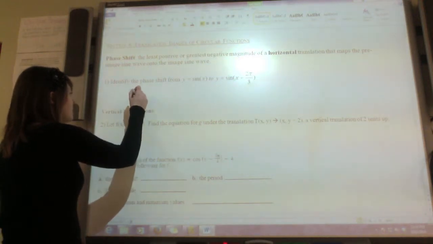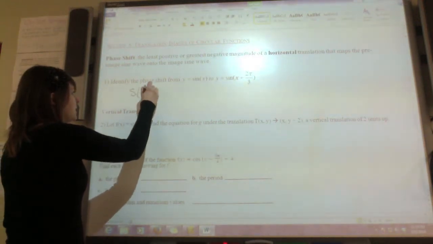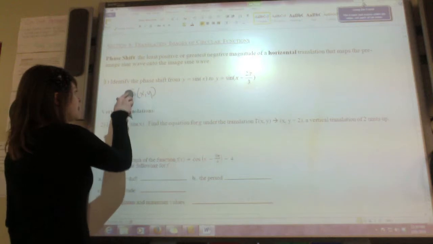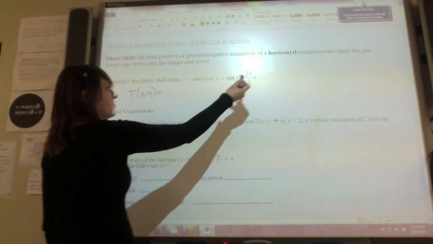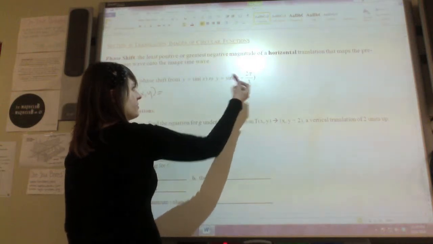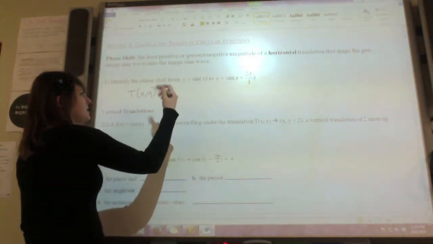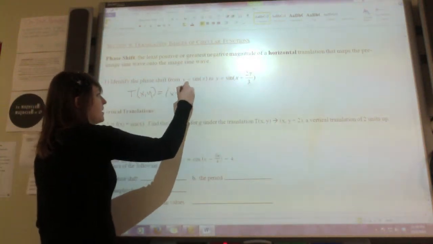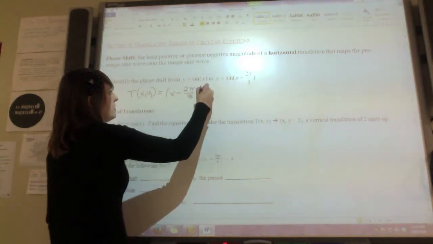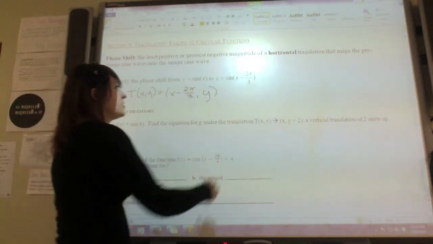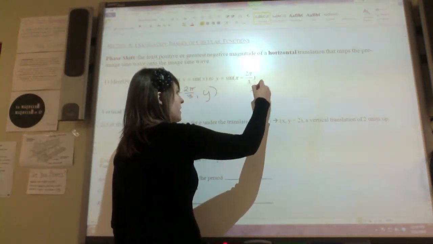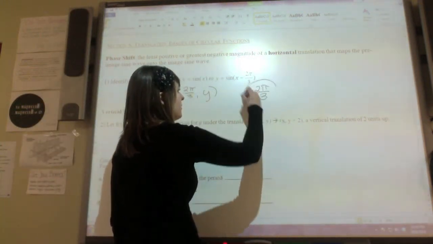If I write my translation here, I'm just going to change that to a t since it's a translation. In my function, I'm adding 2 pi over 3 to my x value. So that means I do the opposite, subtract 2 pi over 3, in my actual translation equation. So the phase shift in this case would be negative 2 pi over 3.